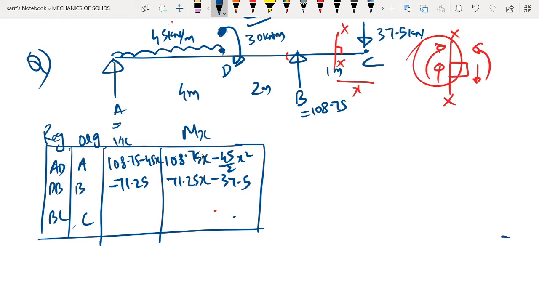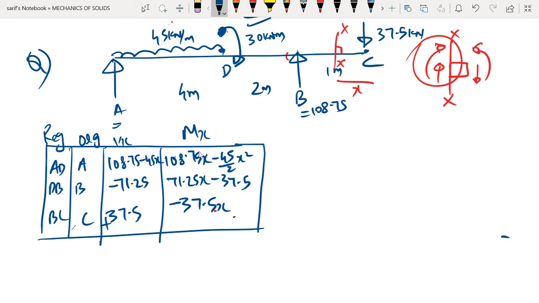And in the region BC, we have shear force is again a constant value, that is 37.5 positive, and the bending moment is going to be minus 37.5x. So we have these different values, and to draw the shear force and bending moment diagram, what we require is the salient values of shear force and bending moment at the different points.